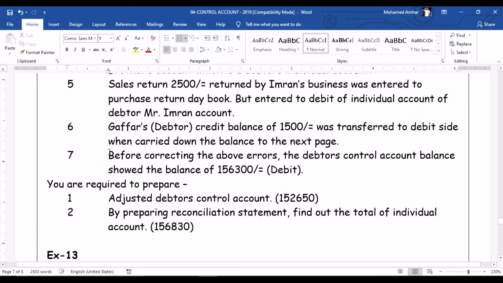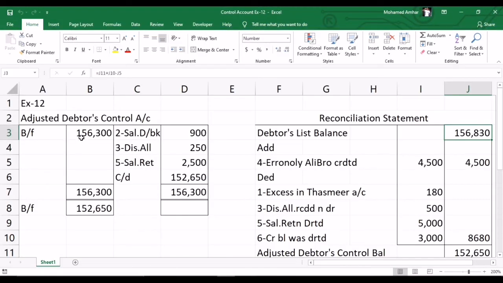Seventh, before correcting the above errors, the debtors control account showed a balance of 156,300. So that is the opening balance of the debtors control account, 156,300.